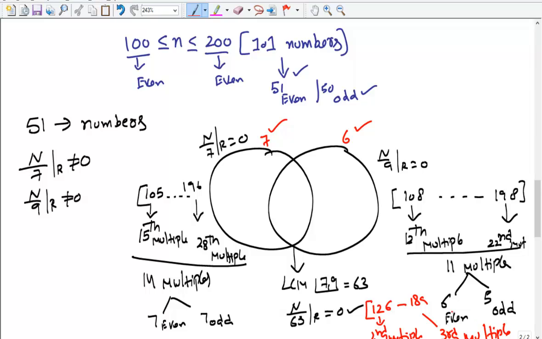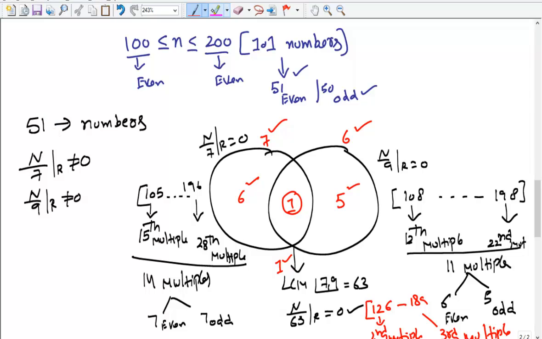However, the second multiple is the only one which is even, so it means that it's 1. So here this is 1. So if this is 1, as a result this becomes 6, as a result this becomes 5. So total we have got 6 plus 1 plus 5, that is 12 even multiples which are divisible by 7, 9, or the combination of 7 and 9, exactly 12.